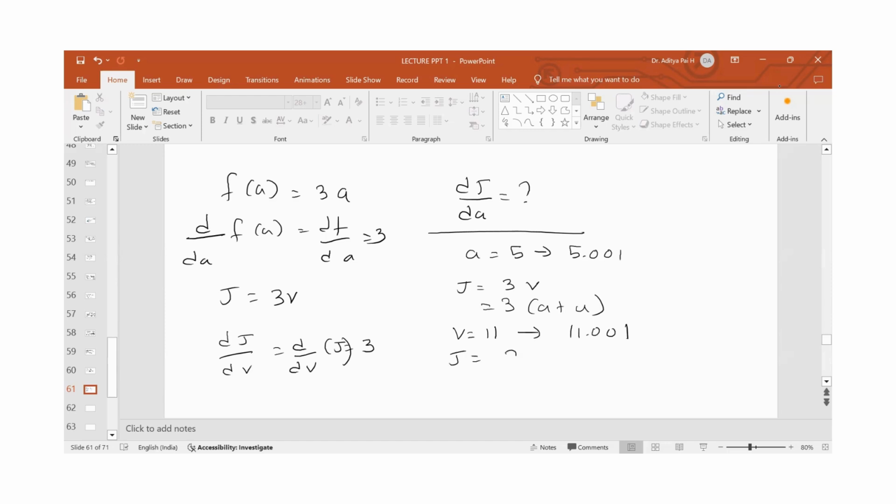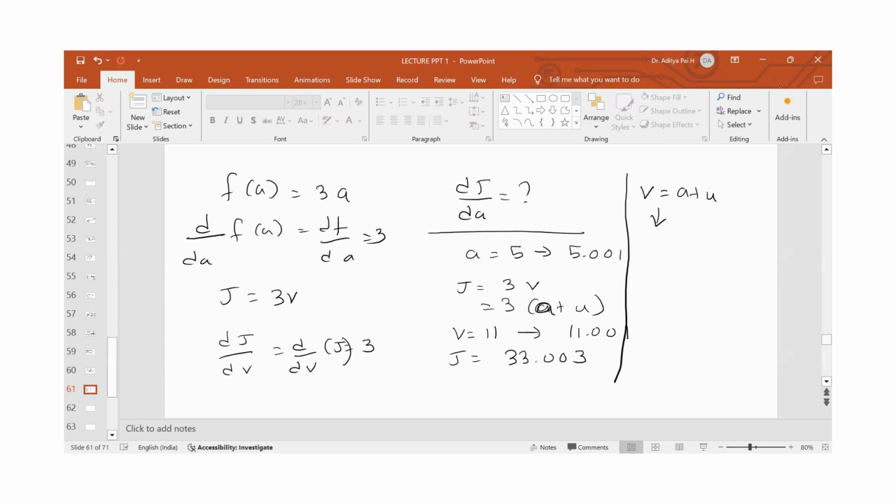Already you know that J is equal to 33.003. Now if we change the value of A here, that will change the value of V. If you are changing the V, that will change J value. So V is nothing but equal to A plus U.